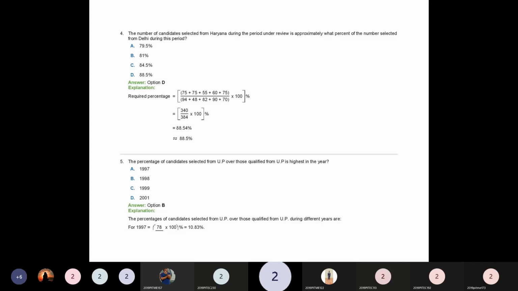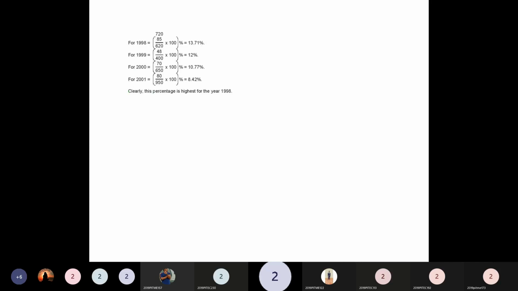So they're asking in which year the percentage of selected candidates in Uttar Pradesh is higher. You take all 5 years, get the percentage of selected candidates, and compare the values. The highest is in 1998, where the percentage is 10.71.